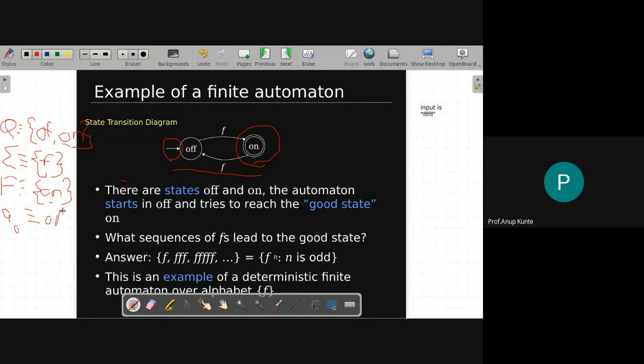And please understand, this is not a set. This is a single state. इसीलिए मैंने यहाँ पे ब्रैकेट नहीं डाला है, राउंड कर्ली ब्रैकेट नहीं यूज किया हुआ है.